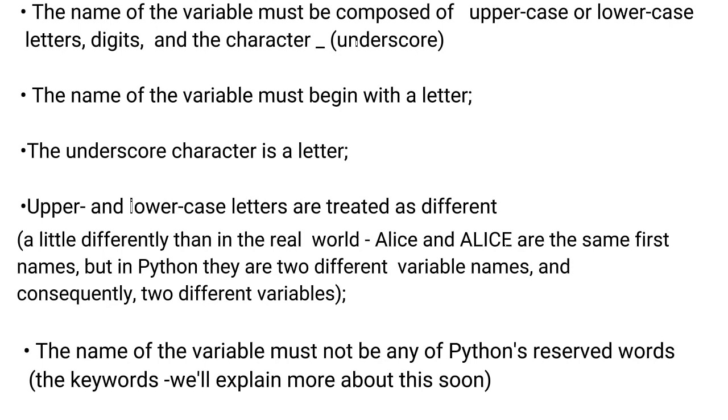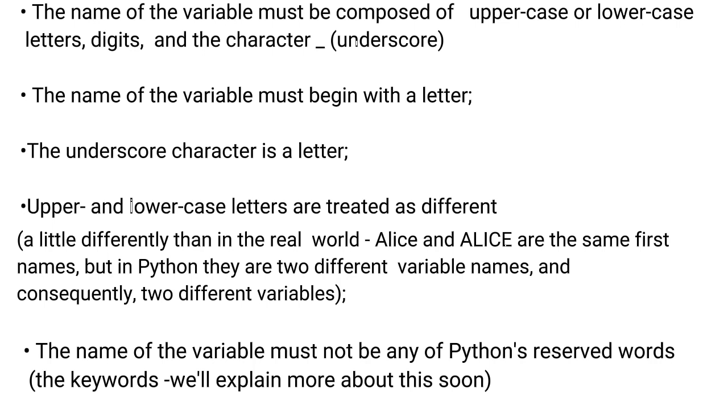Here are the rules. First, the name of the variable must be composed of uppercase or lowercase letters, digits, and the underscore character. Second, the name of the variable must begin with a letter. Third, the underscore character is a letter. Fourth, upper and lowercase letters are treated as different, a little differently than in the real world.